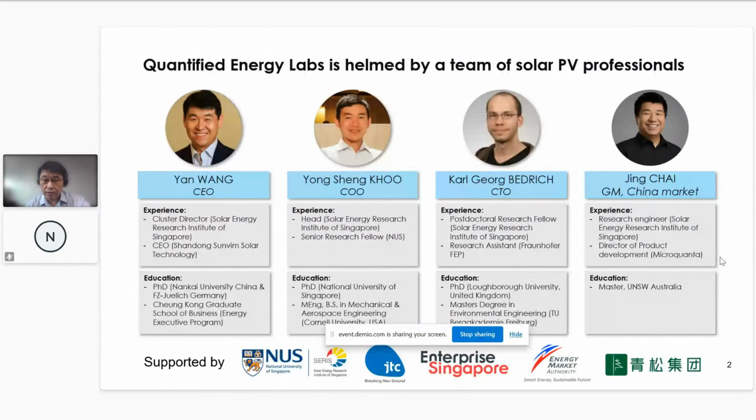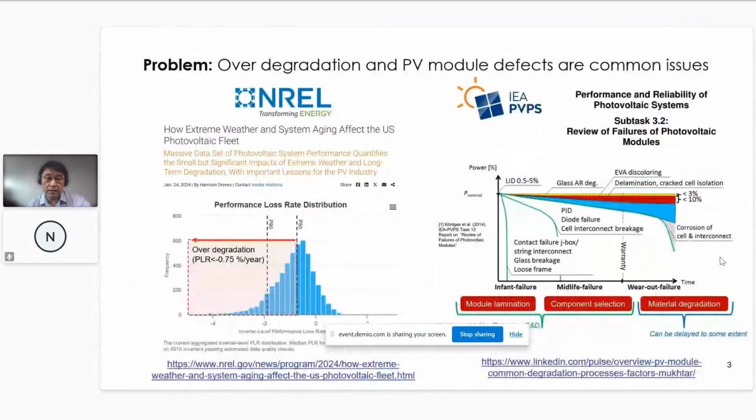A lot of work has been completed by my colleagues: our COO, Yun Sheng, who was the research group head for new solar module technologies; and the main inventor of the drone EL, Dr. Kyle Bedridge, our CTO, who has focused on EL technology for more than a decade. And we have Mr. Chai Jing, who sits in China, serving the domestic need. Our diverse backgrounds have combined to deliver innovative technologies.